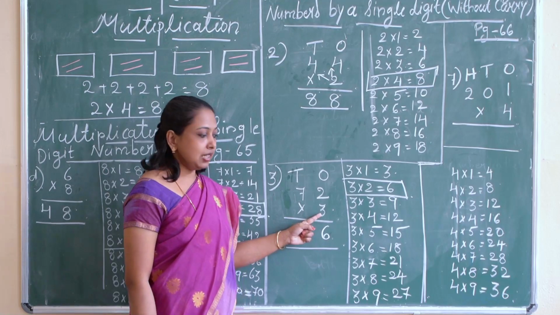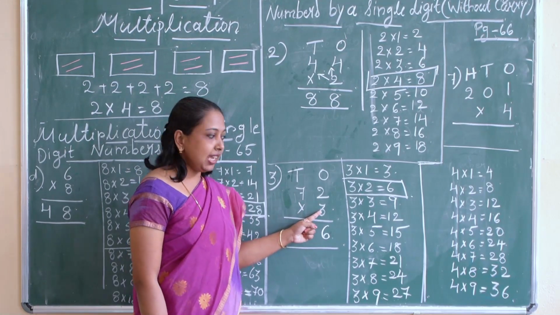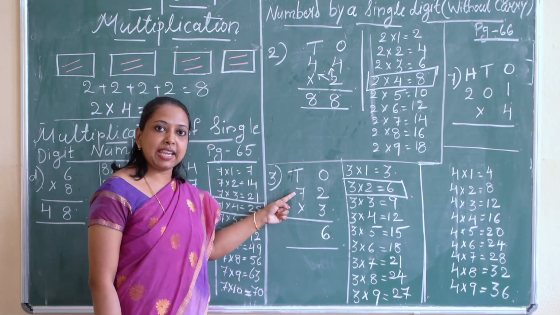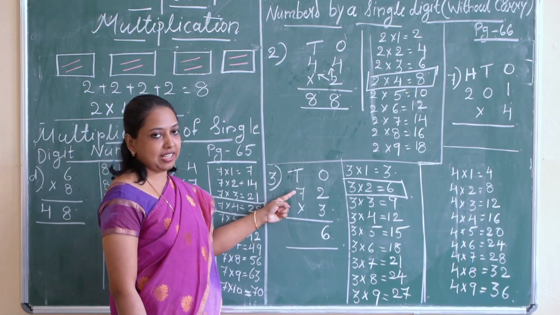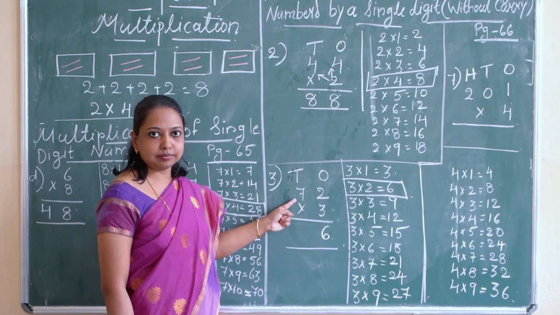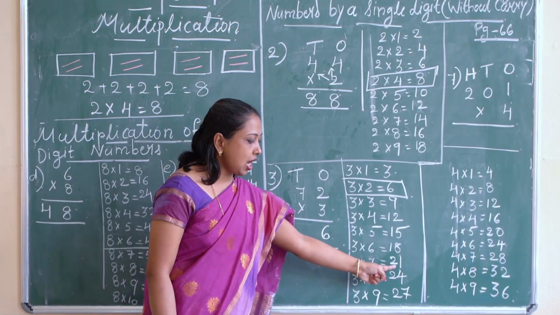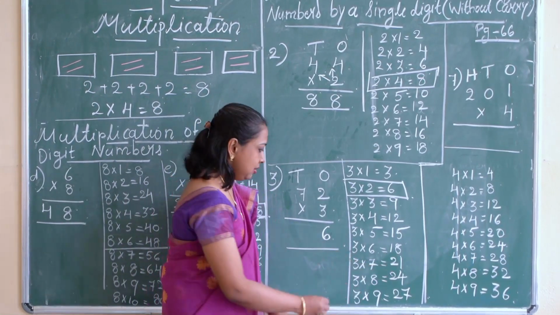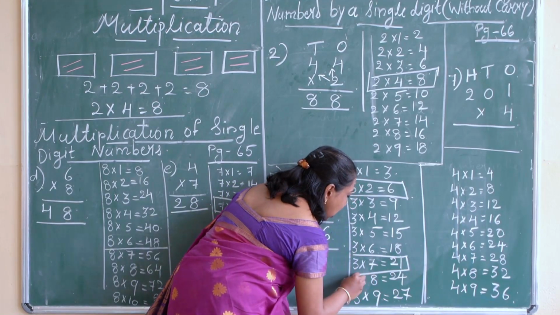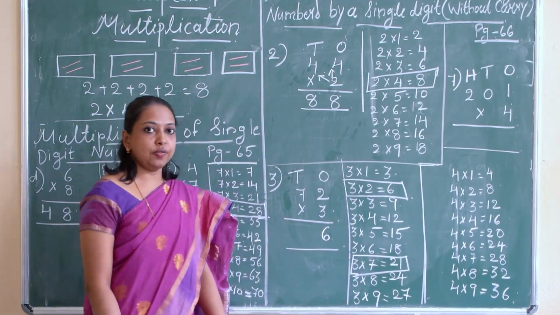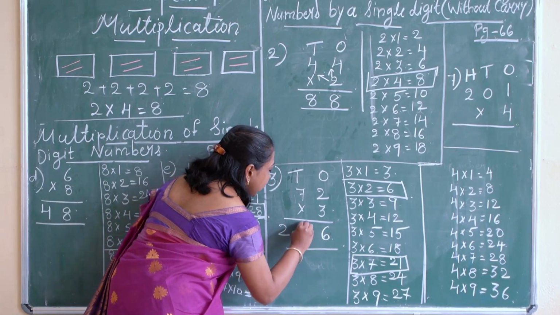Now second, 3 multiplied by the digit at the tens place. 3 sevens are. From the table we got 3 sevens are 21. So we can write 21 over here.